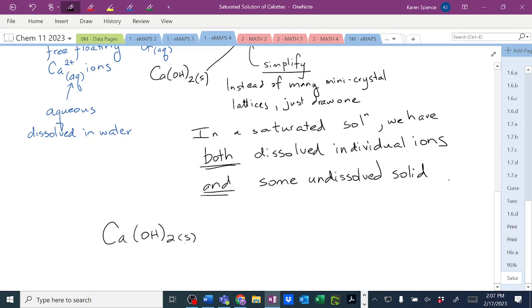So we can take Ca(OH)2, solid, and it will dissociate in water, or at least some of it will dissociate in water.